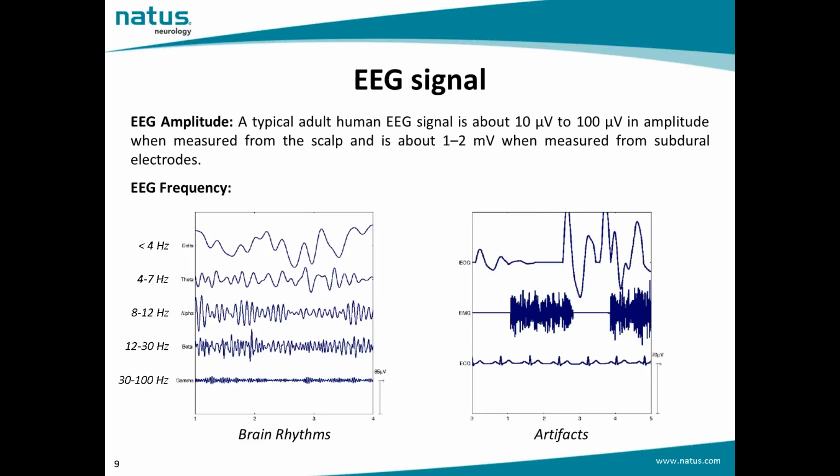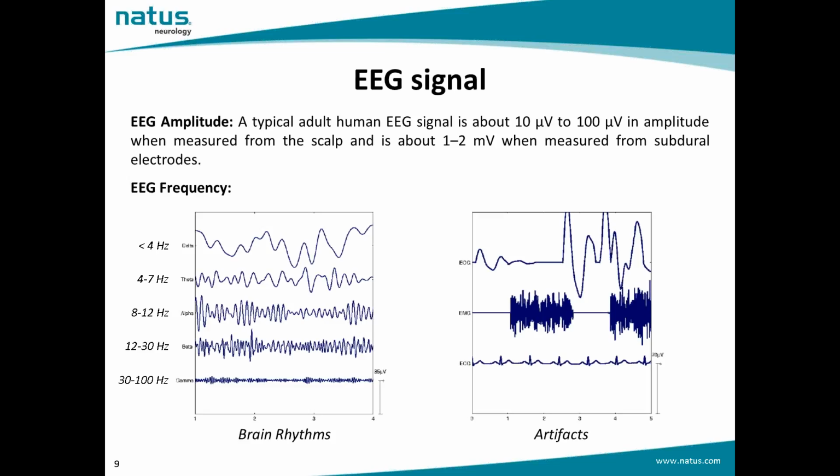But the amplitude may be well above, especially when corrupted by non-cerebral activity. A typical adult human EEG signal is about 10 microvolts to 100 microvolts in amplitude when measured from the scalp, and is about 1 to 2 millivolts when measured from subdural electrodes.